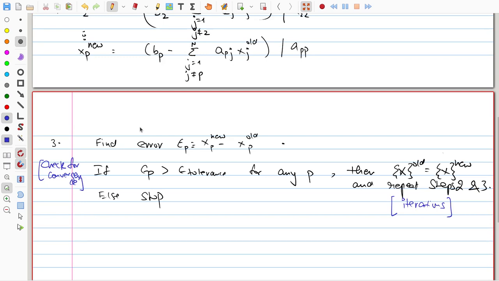So the Jacobi method is the most straightforward method, but it is slow. The only problem with this is it's quite slow. So we have an improved method called the Gauss Seidel method.